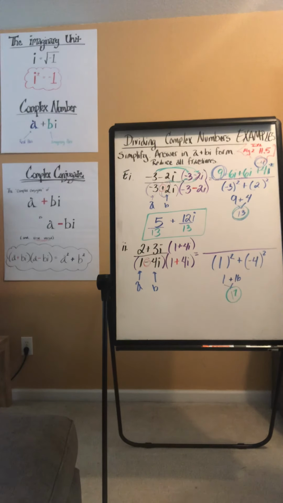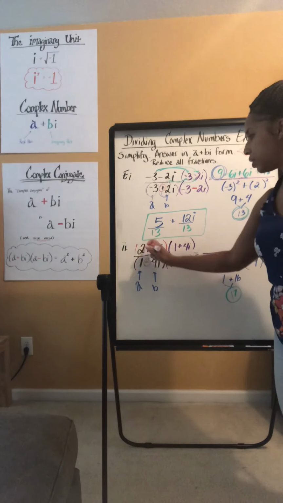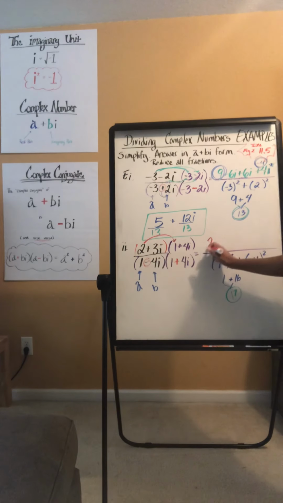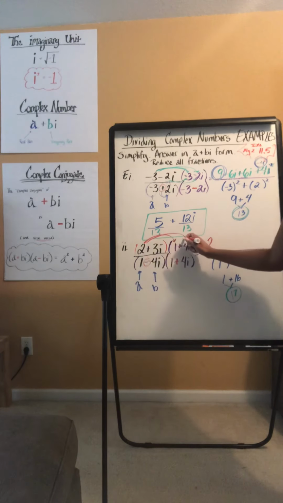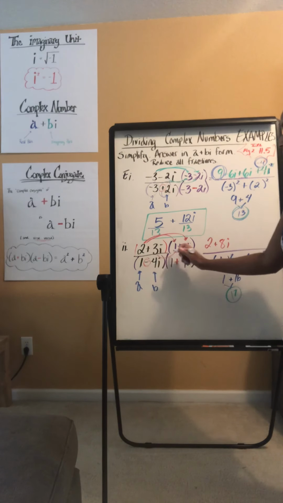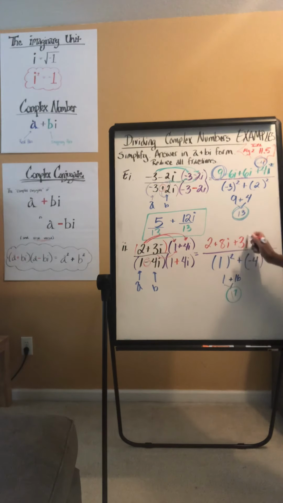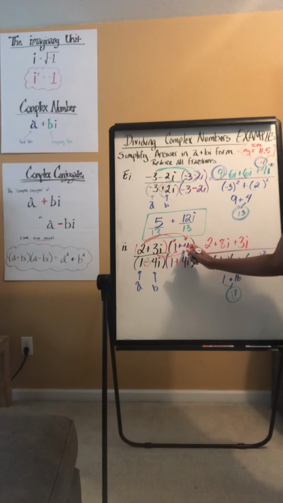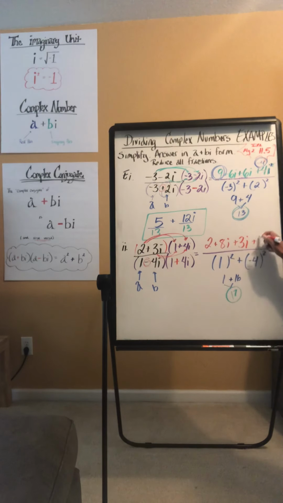On the top, there is no shortcut. I need to FOIL. 2 times 1 is 2, plus 2 times 4i is 8i, and then 3i times 1 is 3i. And 3i times 4i is 12i squared.